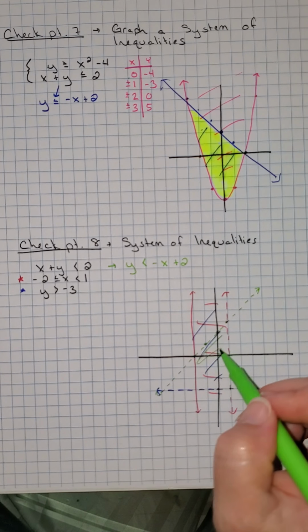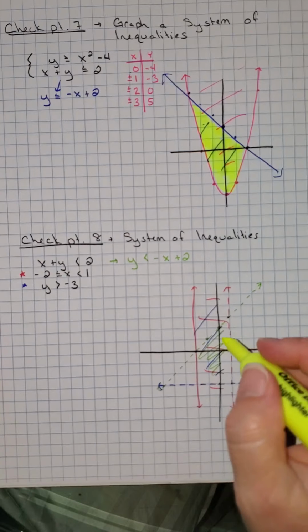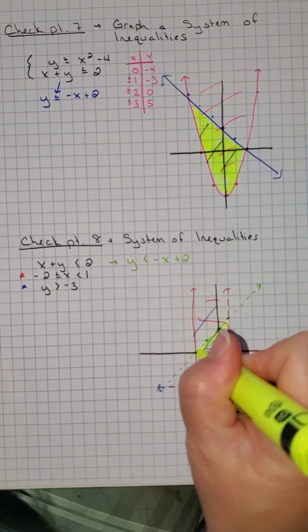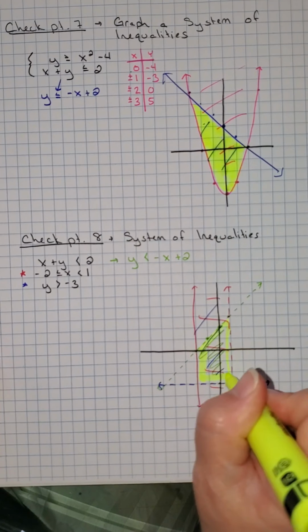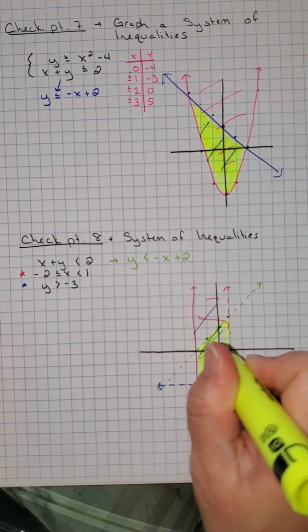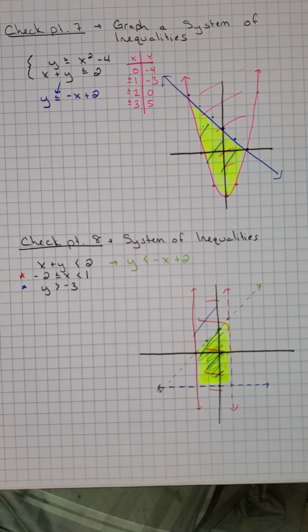Less than will be shaded down. So that puts a top in this here. So it'll be this area here, because that is the one that's bound by all 3. And only the points in here would be true for all 3 of those inequalities.